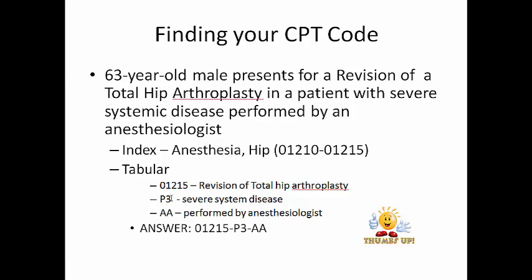In your tabular, you will see 01215 states revision of total hip arthroplasty. And then again, our status modifier for the patient would be P3, and the anesthesiologist would be AA.